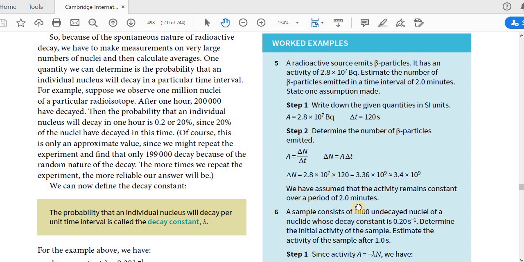Okay, so the activity is equal to delta N over delta t. Now we have to determine the number of beta particles emitted. Then delta N is equal to A delta t. What is A? This is given here. Then t is also given. So we can find delta N, the number of beta particles emitted in that time interval.